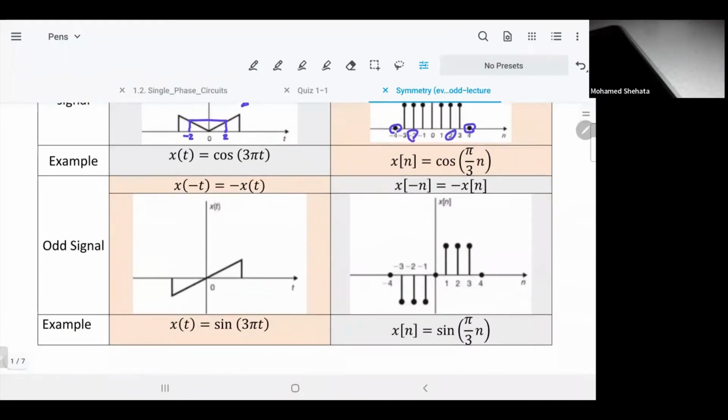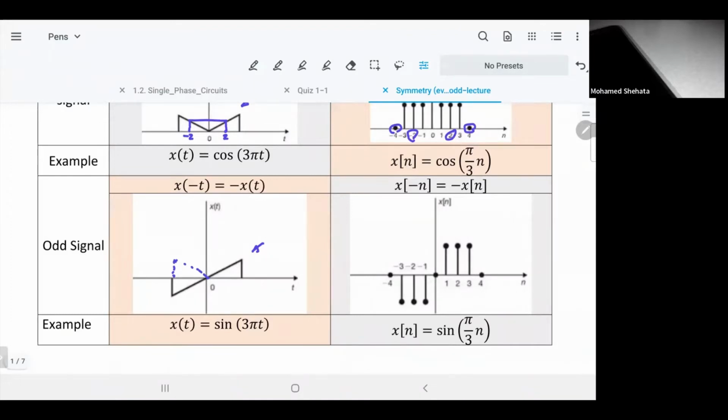The odd signal, when you look at this triangle, if you make a reflection on the y-axis and another reflection on the x-axis, you will get the same signal. So the odd function is equal to two reflections, one on the y-axis and one on the x-axis. Or shortly, you can say it's symmetric about the origin.